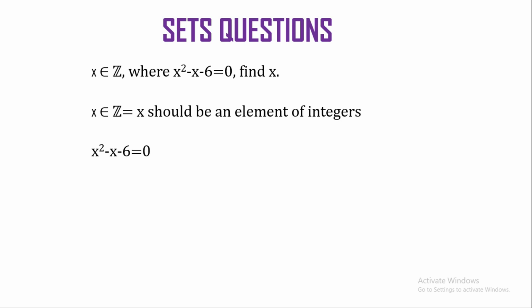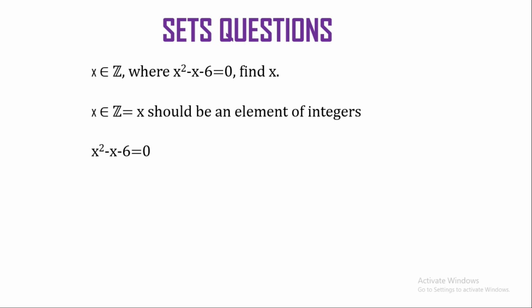To solve this quadratic equation, the coefficient of x here is -1, and the constant is -6, right? Find two numbers that multiply together to give -6 and add to give -1. That should be -3 and 2, right?